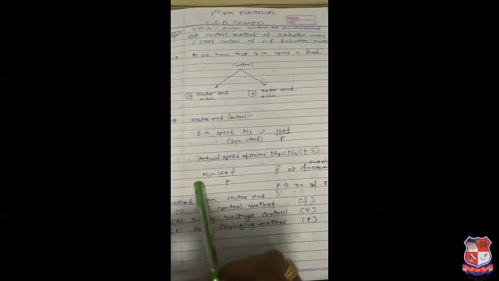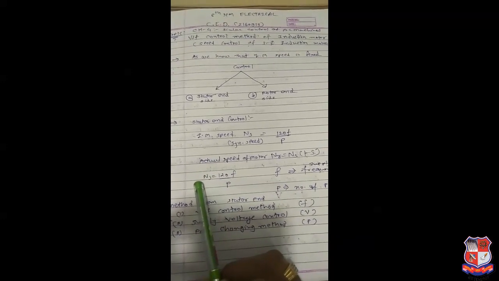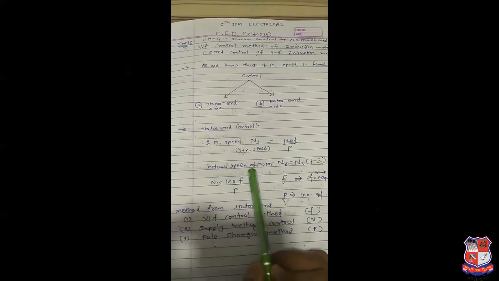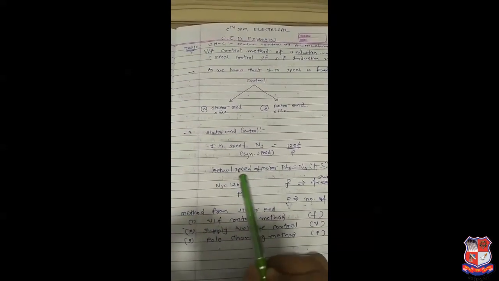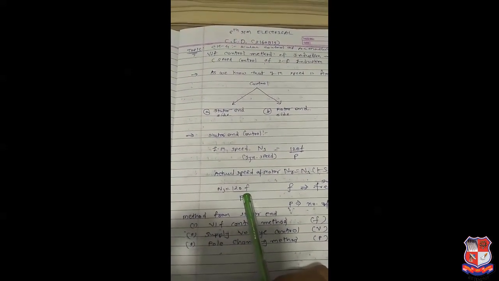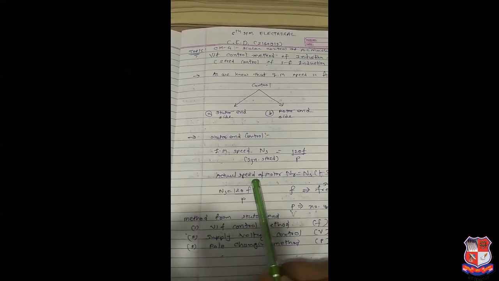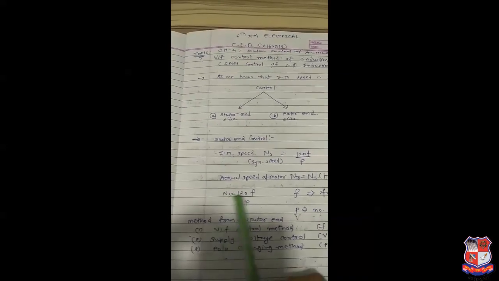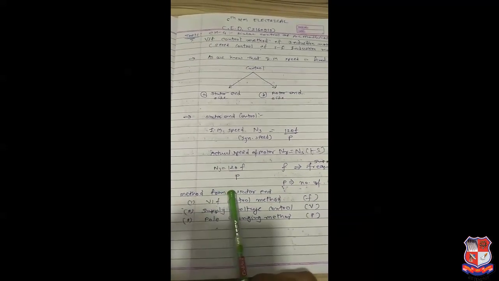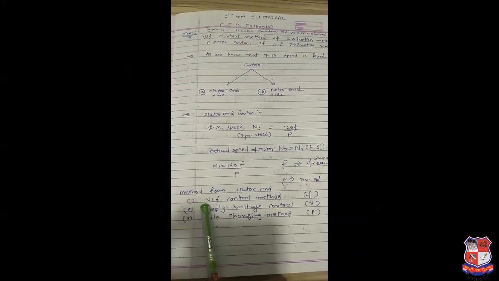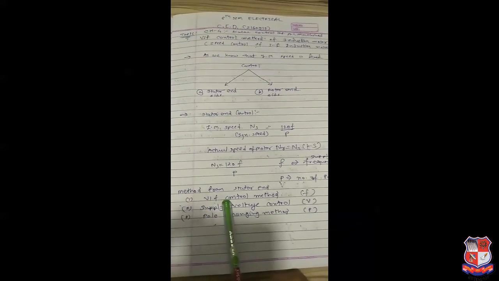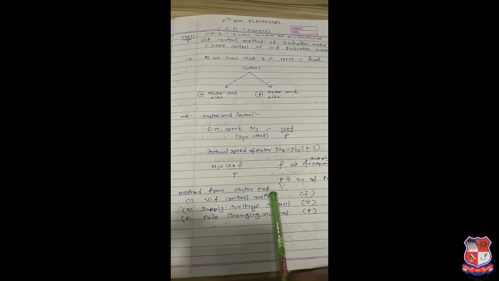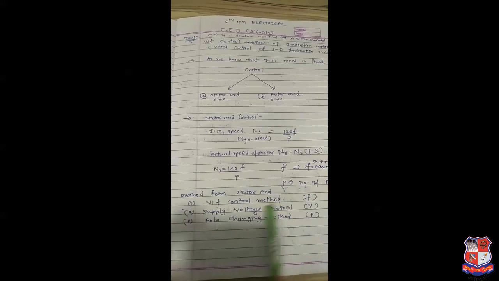So we can say that the speed control of this induction motor is by varying these two parameters, right? If we change the frequency, we can change the speed of the induction motor, or by the change of pole method. So from the stator end, we have three different methods. First, the V by F control method, that is varying frequency.